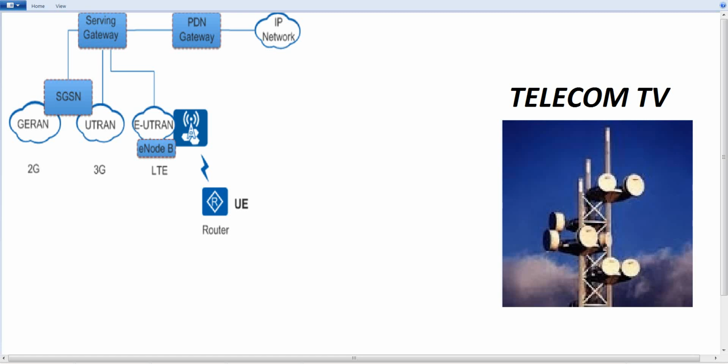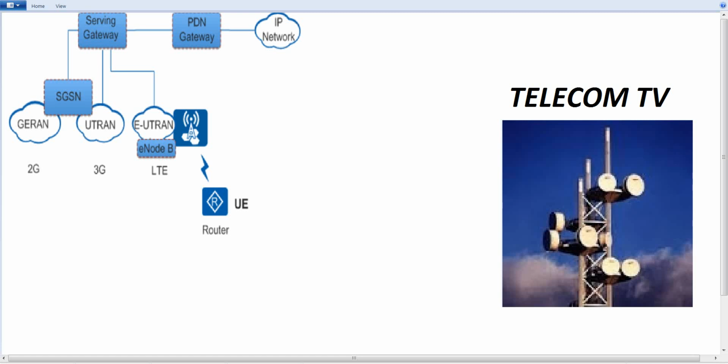Compared with 3G technology, LTE is going to offer a lot of technical advantages. So what are the advantages that LTE is going to offer over the 3G architecture?